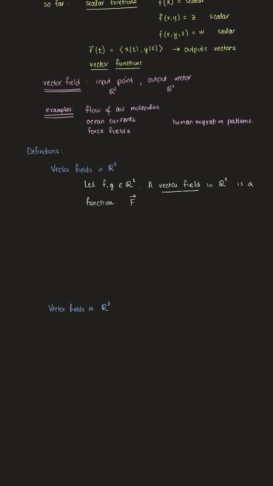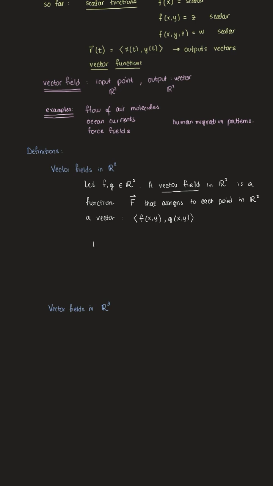It's denoted by a vector that assigns to each point in R2 on the plane, a vector whose components are made up of these functions, f of x y and g of x y.